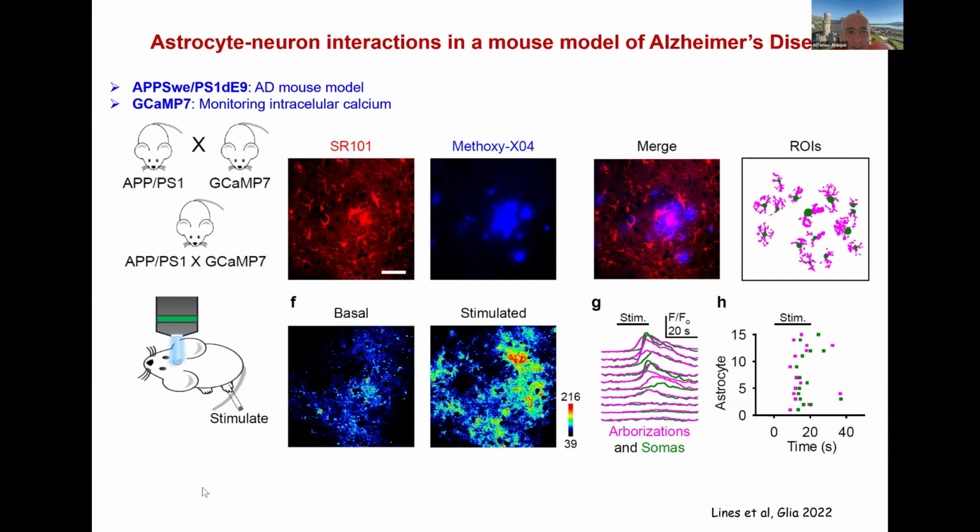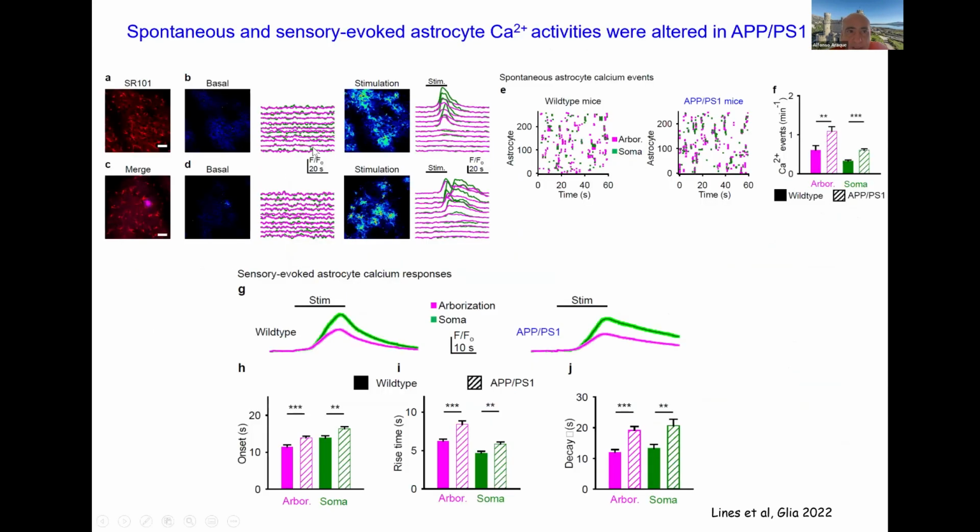We produce the sensory stimulation and record the calcium activity in the arborizations and in the somas of the astrocytes. And the first thing we notice is that upon sensory stimulation, the number of calcium events that we could detect was enhanced.